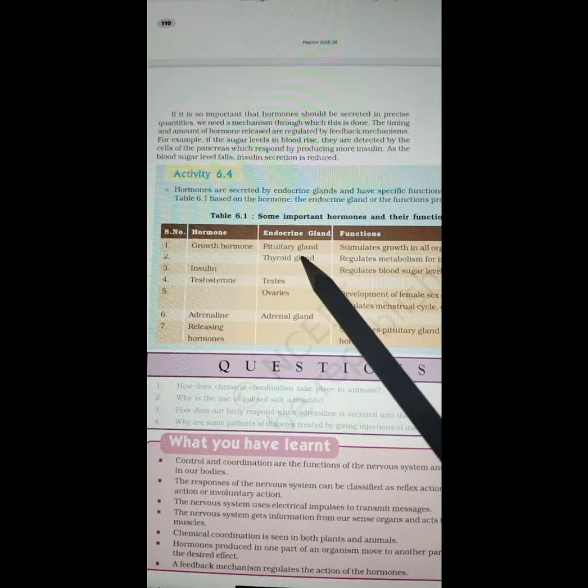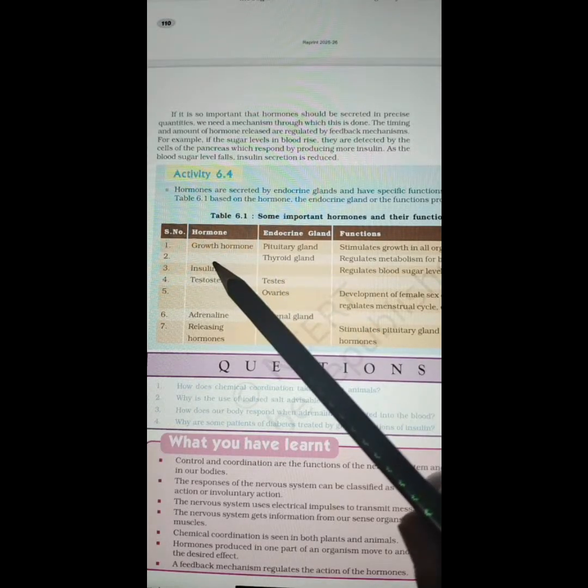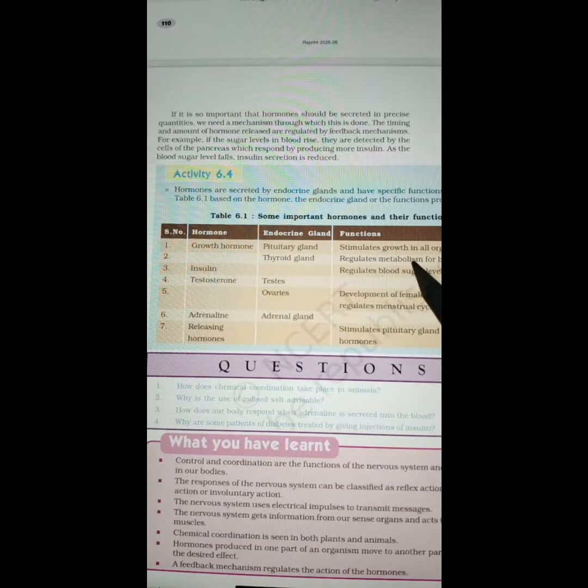Activity 6.4 is telling you the hormones are secreted by endocrine glands and have specific functions. So, growth hormone is released from the pituitary and it stimulates growth in all the organs. Thyroid gland, here it should be thyroxine, regulates metabolism for body growth.